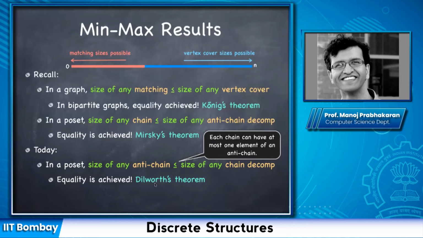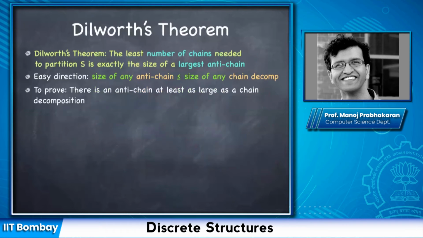What is interesting, and what we will see today, is the other direction, and that forms the essence of Dilworth's theorem. The least number of chains needed to partition S is exactly the size of a largest anti-chain.